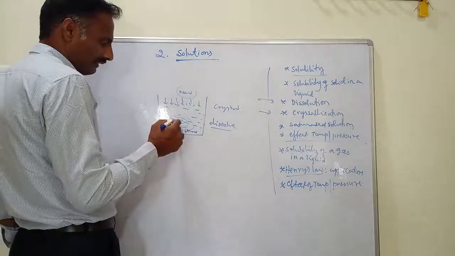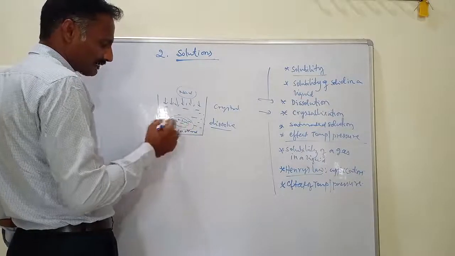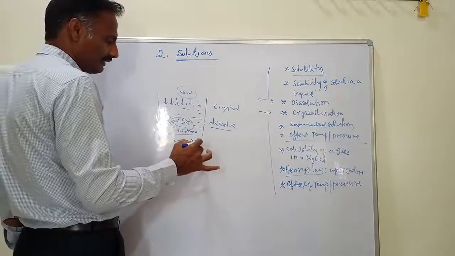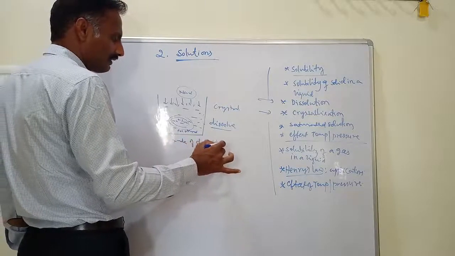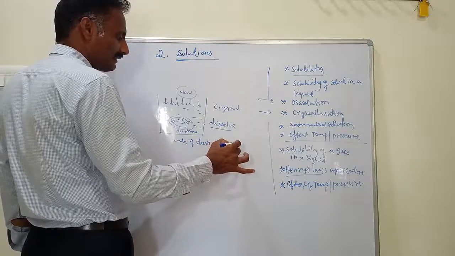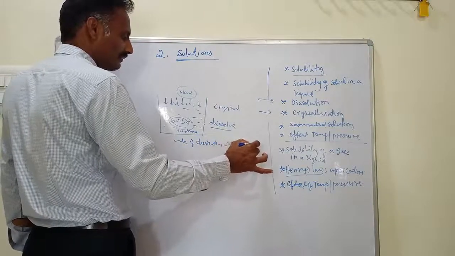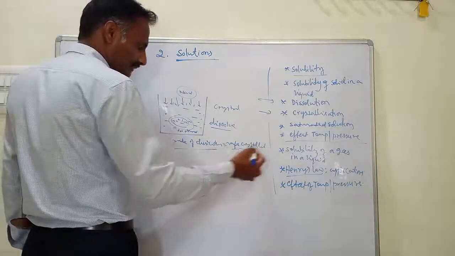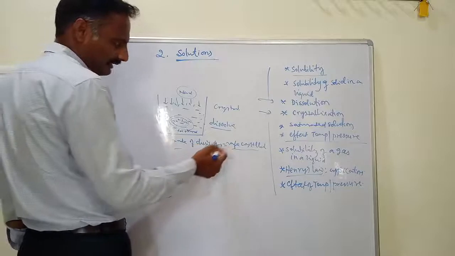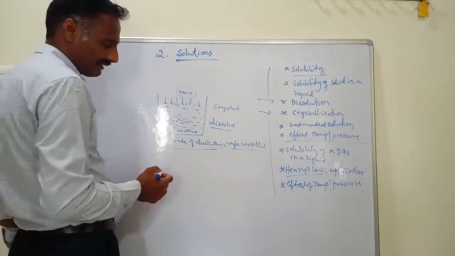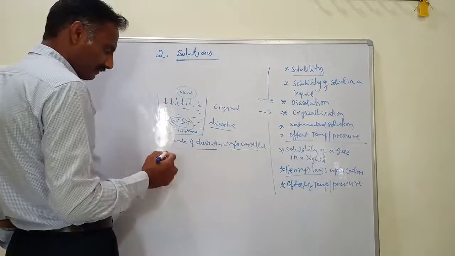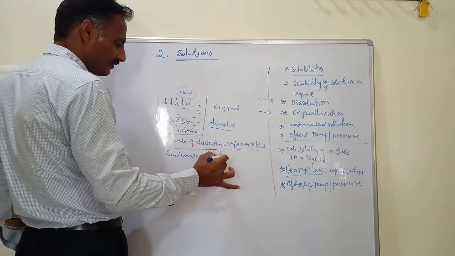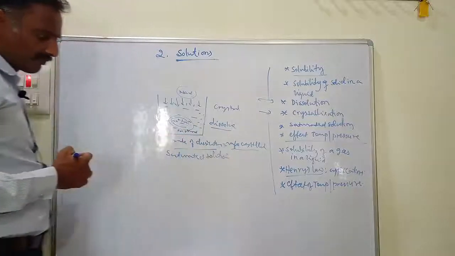After some time, the rate of dissolution and the rate of crystallization become the same. When they become the same, that state is called the equilibrium state. At equilibrium, we get a saturated solution at a particular temperature.